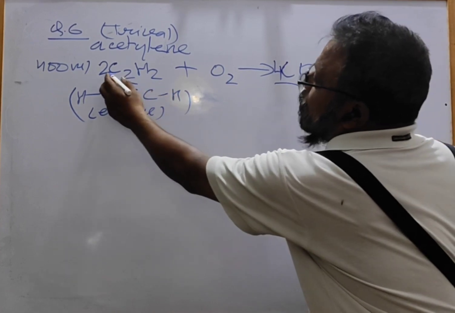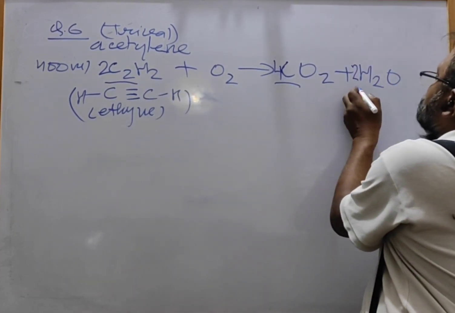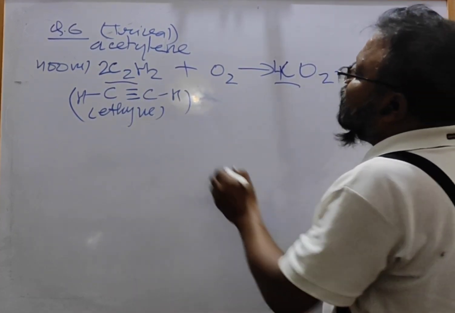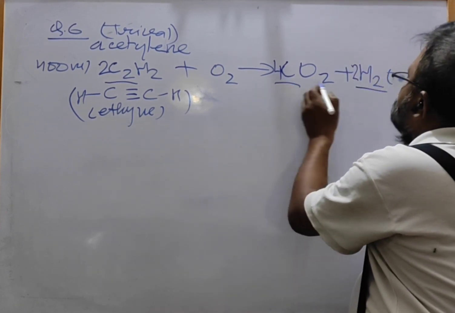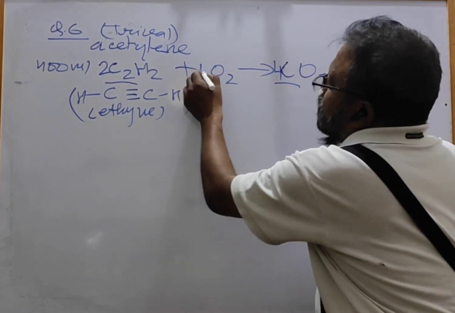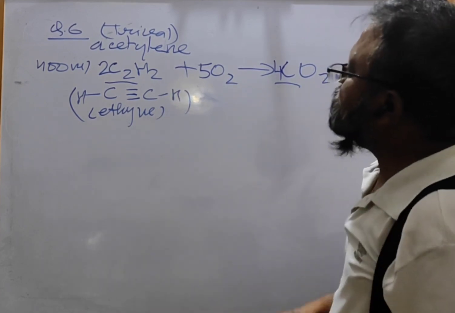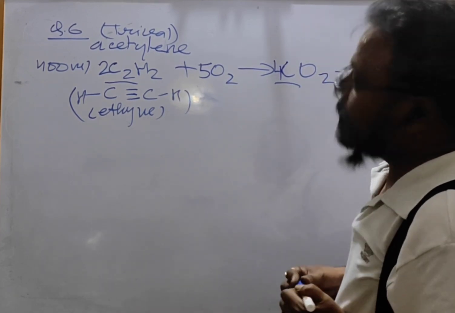Hydrogen is 2, 2 into 2, hydrogen 4 here and 4 here. Fine. Now oxygen is 4 plus 4 is 8, plus 2 is 10, so we take 5 here. Now it is clear. It is balanced.